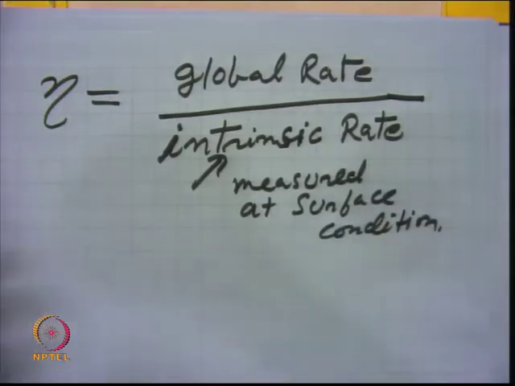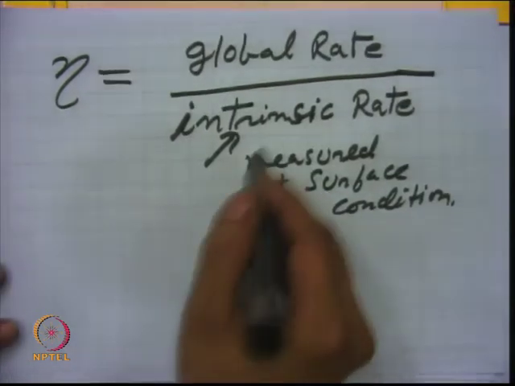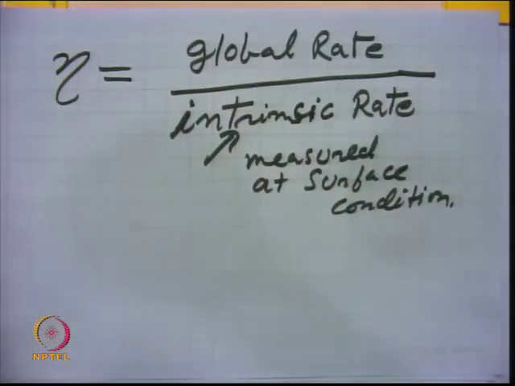Basically for isothermal conditions this is the maximum, but when the reaction is non-isothermal and exothermic, this may not be the maximum. I will discuss that later, but this is your general definition: it is measured under the surface condition, which is the maximum one.